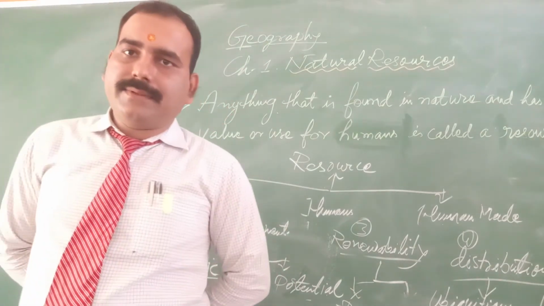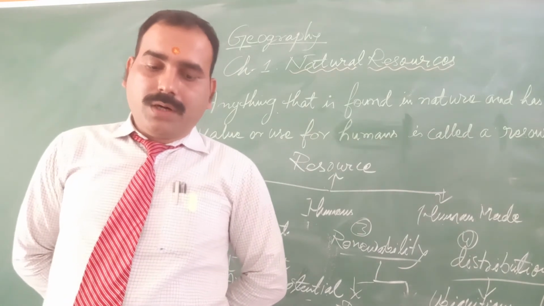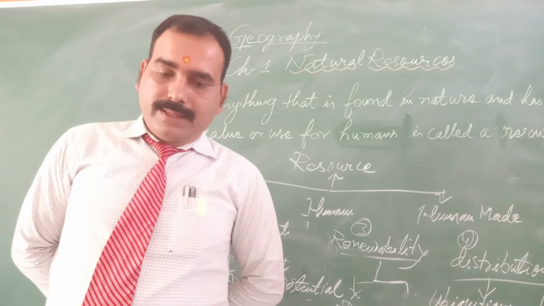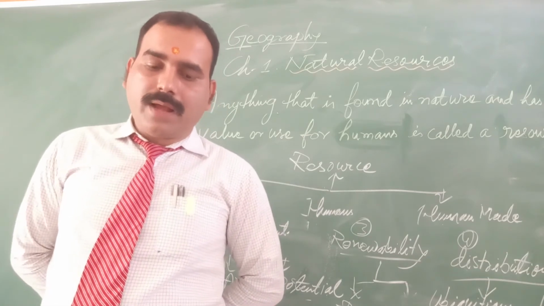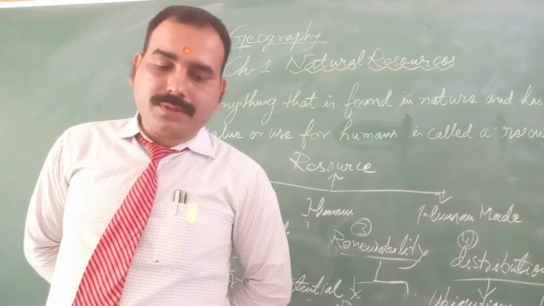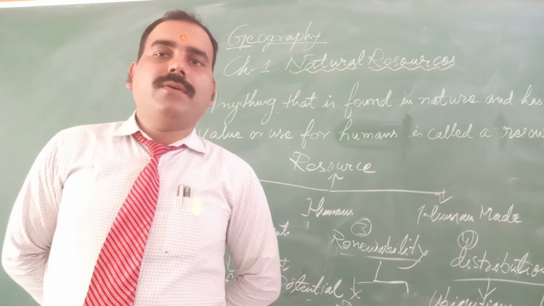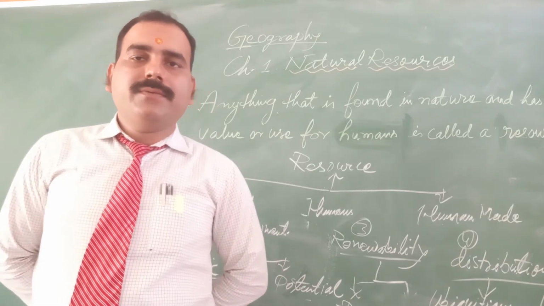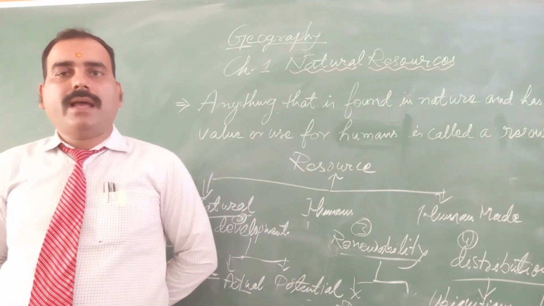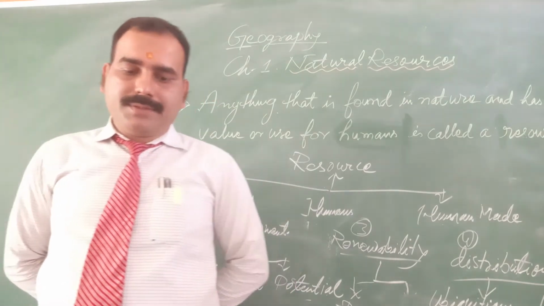Resources like the air we breathe, water we drink, and sunlight that are found everywhere are called ubiquitous resources. That means the resources which are found everywhere or which are easily available are called ubiquitous resources.